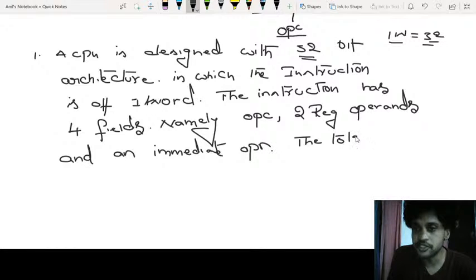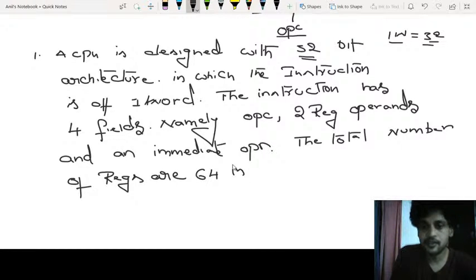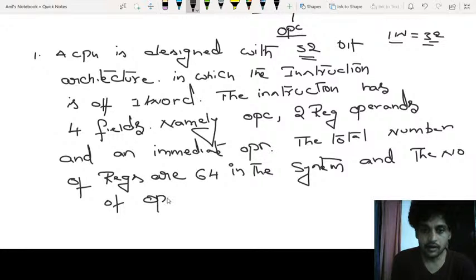The total number of registers are 64 in the system. And the number of opcodes are 16.